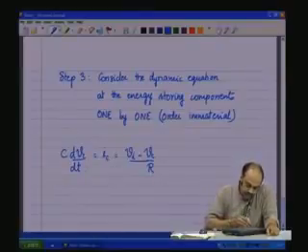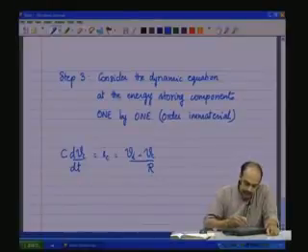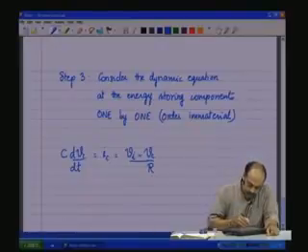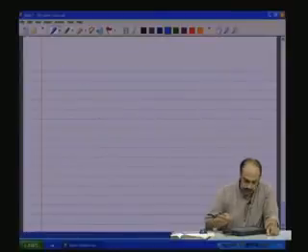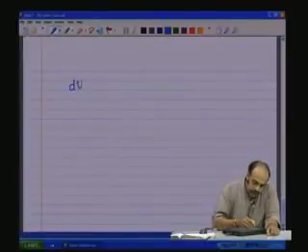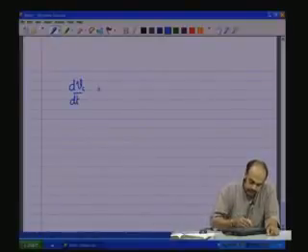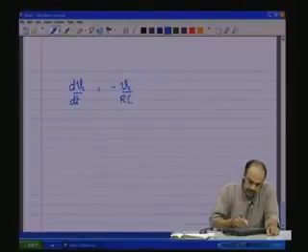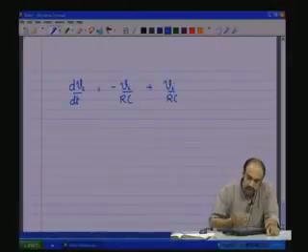Note that in this equation only the input and the state variables are used apart from the parameters. So, now this equation can be rewritten in the following form: dVc by dt equals minus Vc by RC plus Vi by RC.